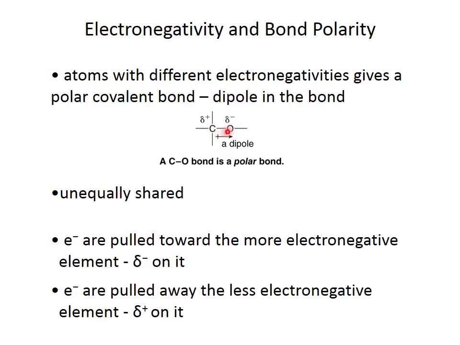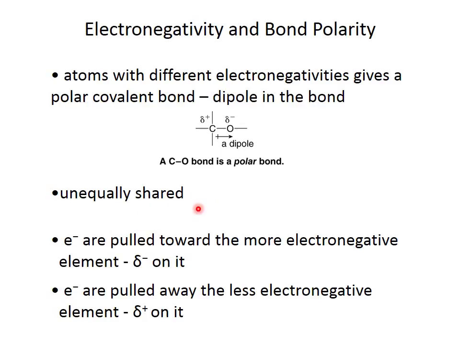Dipole means two ends. Another way to indicate a dipole is with a vector. The positive is on the end of the arrow, and the arrow is pointing towards the oxygen, saying that the electrons are being pulled over toward the oxygen.